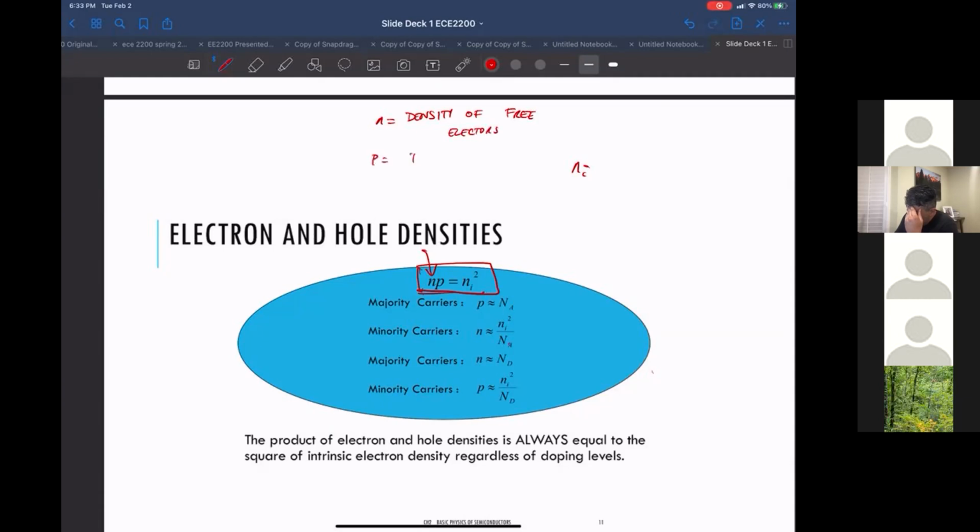p is the density of holes. And n sub i, in that equation, is the density of free electrons in intrinsic silicon.